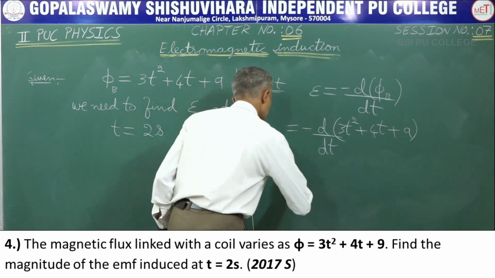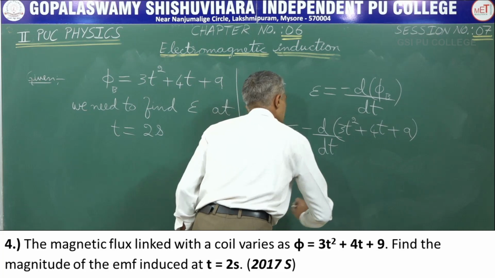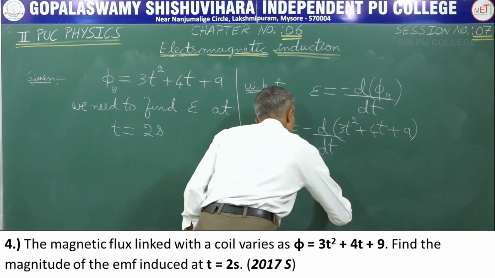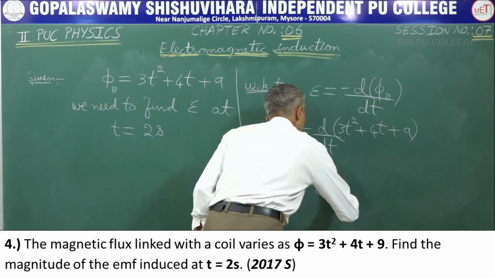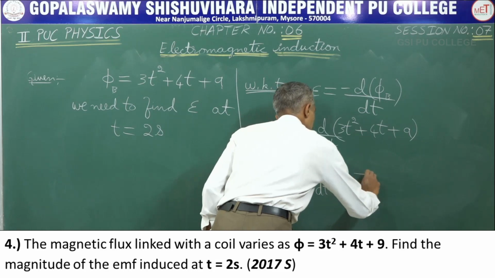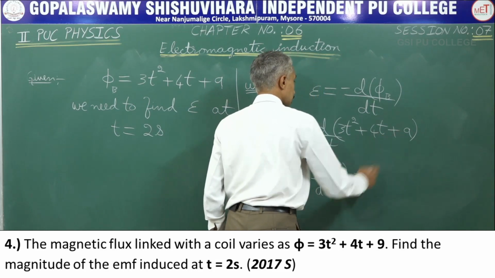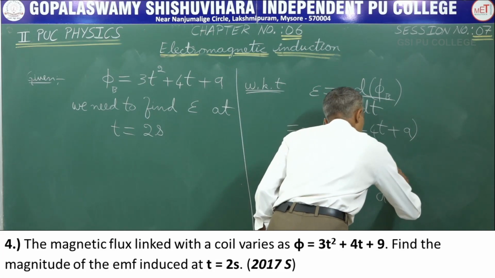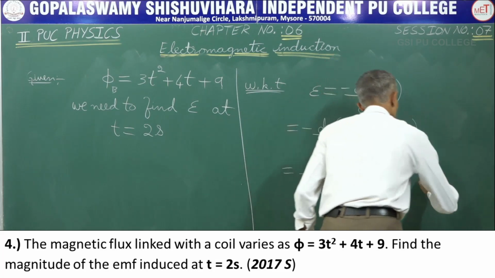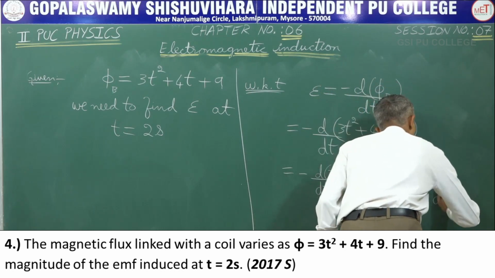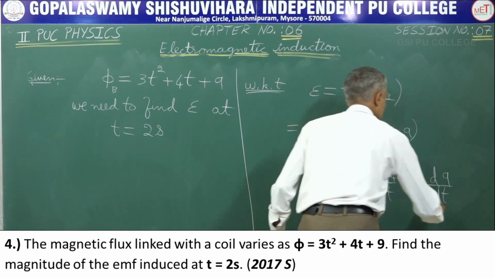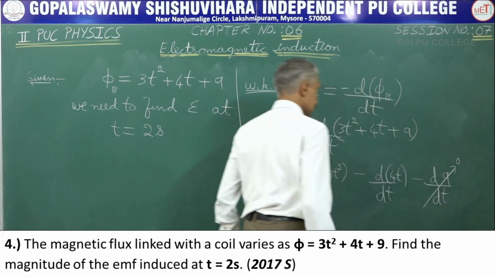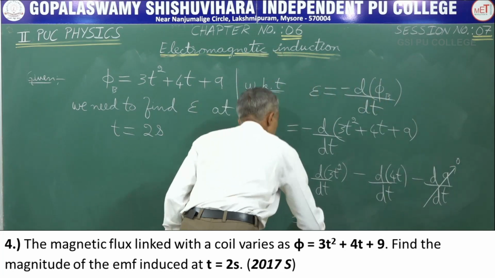So this gives minus of d by dt of 3t square, the minus is applicable for all the terms, d by dt of 4t, minus d by dt of 9. Differentiation of a constant is 0.